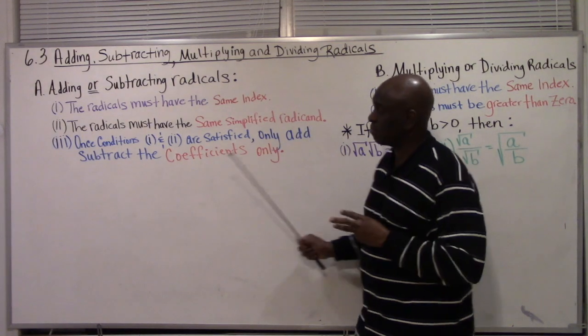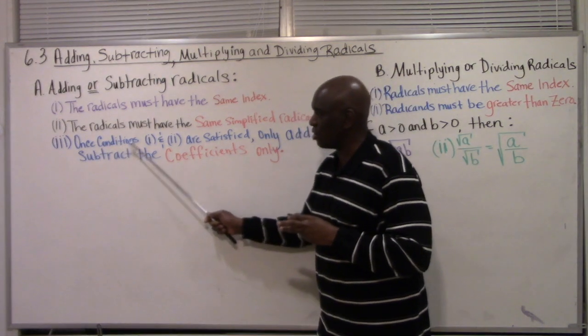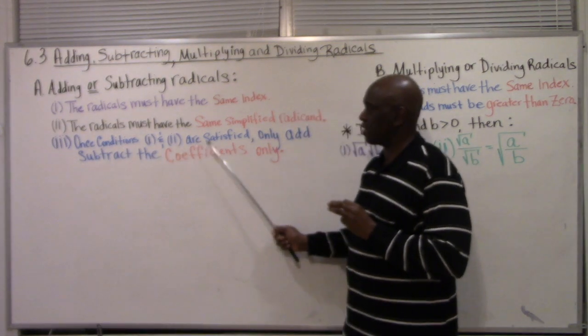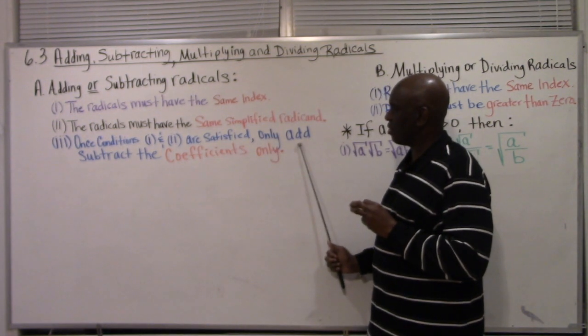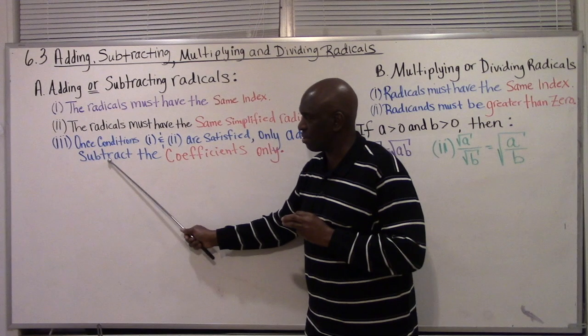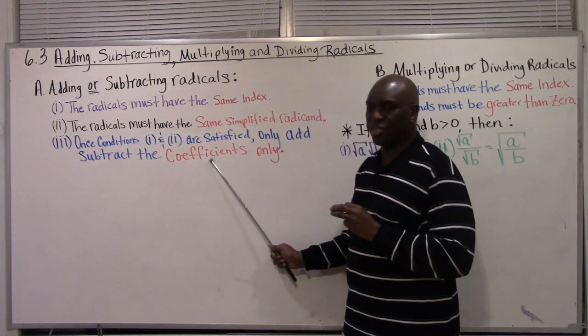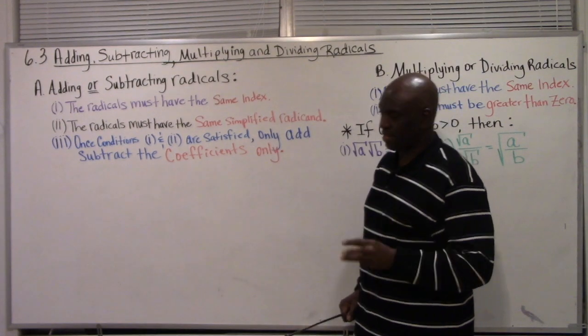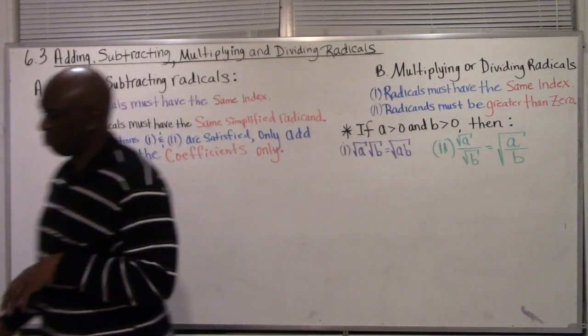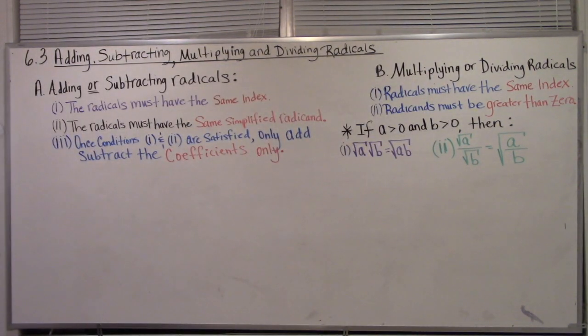Condition 3. Once conditions 1 and 2 are satisfied, only add or subtract the coefficients only. That's it. You must do those three things. If you do those three things, you're going to be okay.